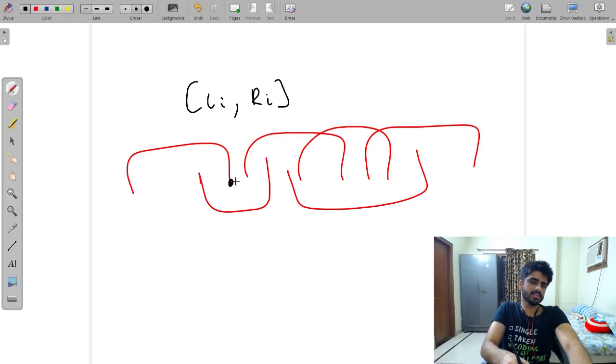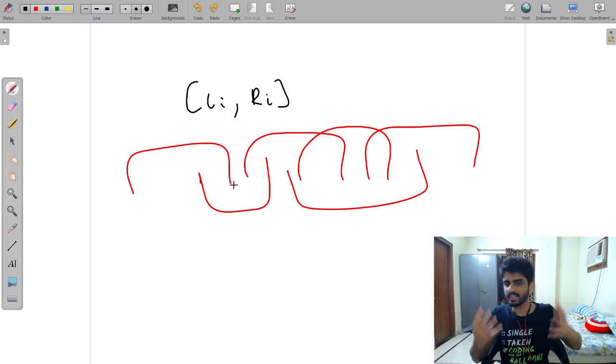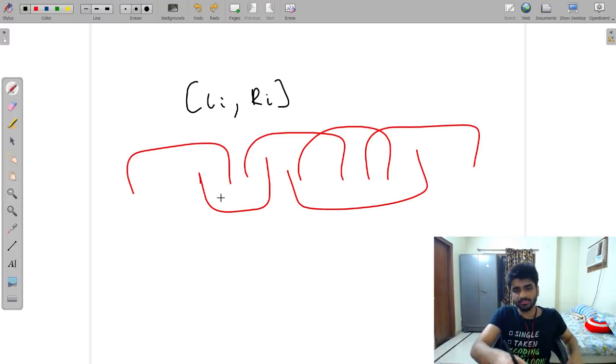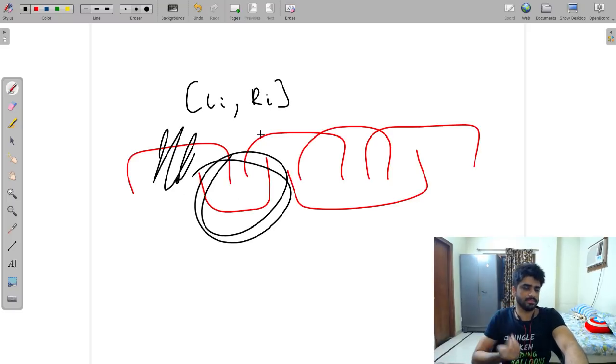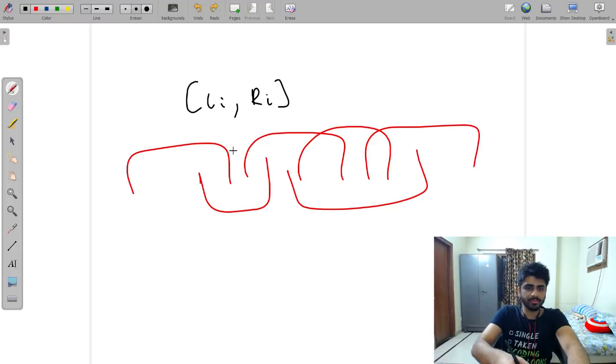Why? Because by the time we reach the endpoint, a lot of other segments might have started, and the more segments that have started, the better it is for us, because we are covering a lot of dishes with a single point. So when we take this point, both of these dishes get covered. But if we had taken this other point, only one dish would have been covered, and the other would have been left remaining. That's why we only pick endpoints. Will this decision be harmful anywhere in the future?